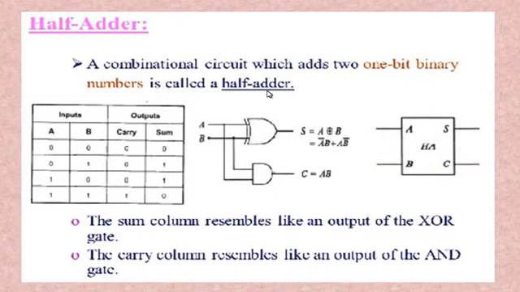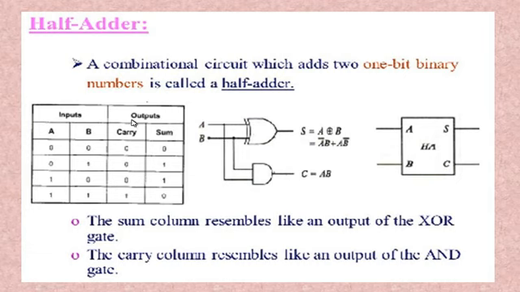As this half adder adds 2 binary digits, they are A and B, and their respective outputs are sum as S and carry as C. By observing this truth table, you can analyze the column of carry and the column of sum, so you will get a clear idea how to construct a half adder.